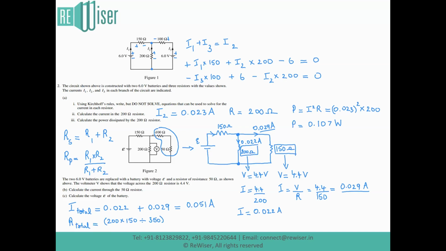This equivalent resistance can be further added to the value 150 ohm, since this entire combination of the three resistor system is in series with the 150 ohm resistance. So this entire value is again added to 150, giving us the value of total resistance when simplified as 236 ohm.